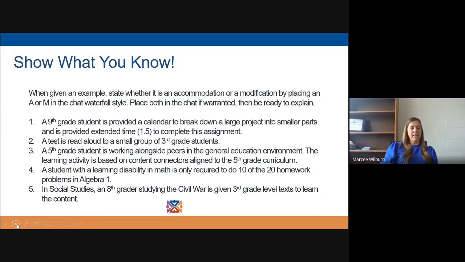We have some accommodations. Okay, it looks like the whole group is saying accommodation. Still coming in. Okay, for those of you who put accommodation, which was everyone at this point, why do you say accommodation for this one?